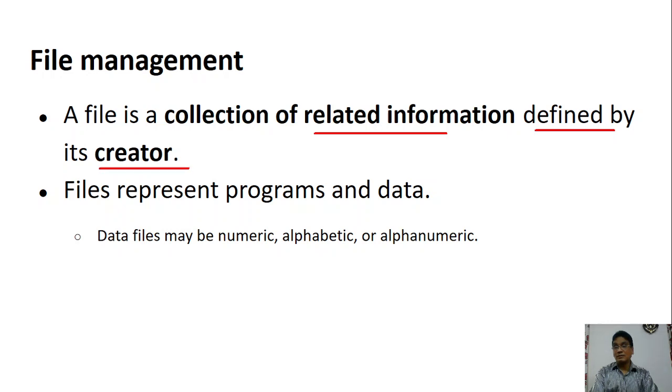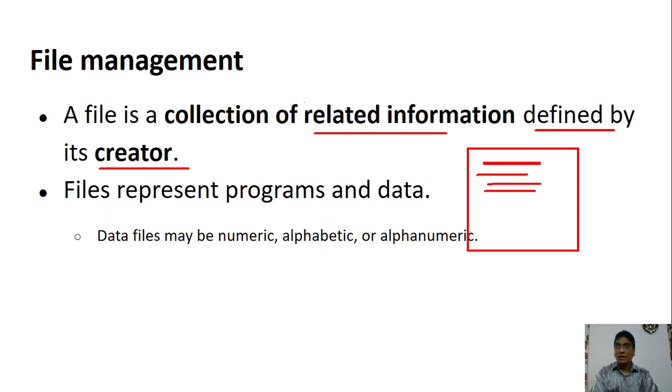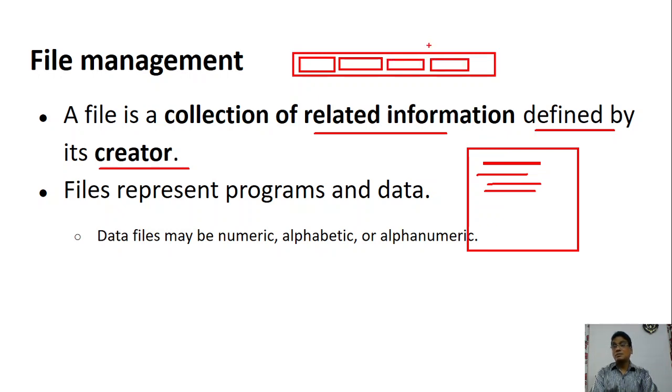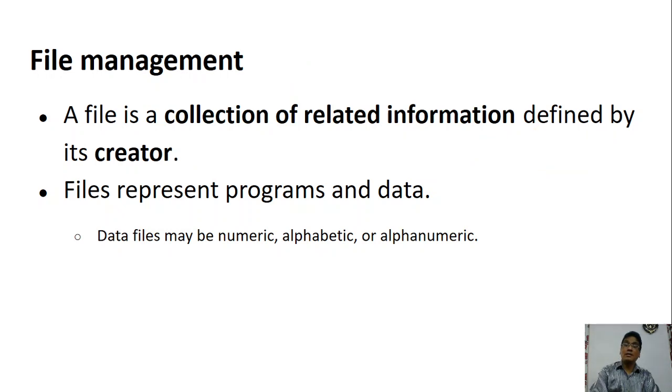The creator will say how the information has to be stored: whether it has to be stored continuously, one line after the other, or in the form of a record with register number, name, subject, marks in subject 1, marks in subject 2, and so on. All these are defined by the creator.